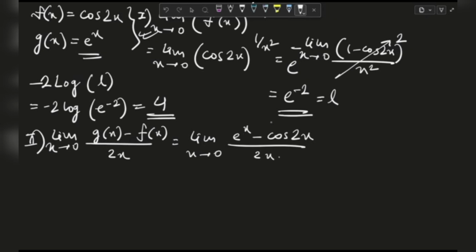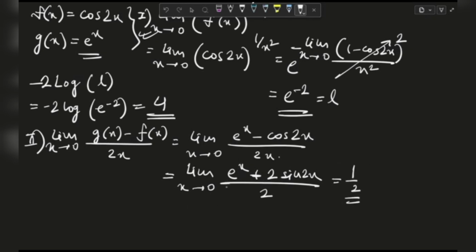Now cos 0 is 1, e power 0 is 1, so we have 0 by 0 form. So without thinking, let's apply L'Hopital's rule directly. On differentiating, this becomes e power x, and cos 2x gives plus 2 sine 2x, and in the denominator we have only 2. So e power 0 is 1, sine 0 is 0, so this comes out to be half.